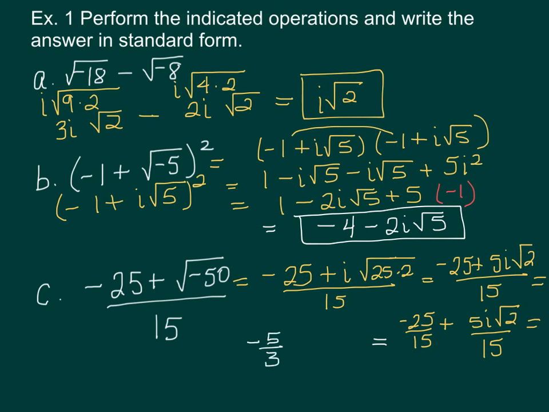In my second fraction, it reduces to 1/3 i radical 2. Some people write it like this. And then some people may write it like this. Just make sure the i is not under the radical. So either one of those is correct.